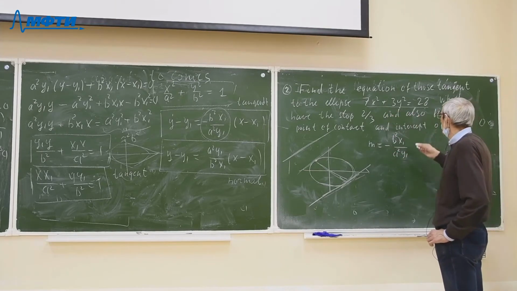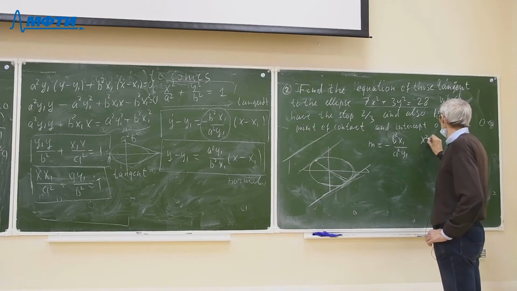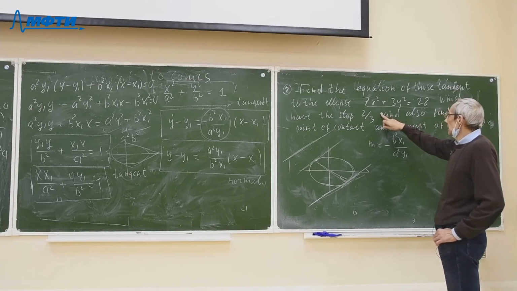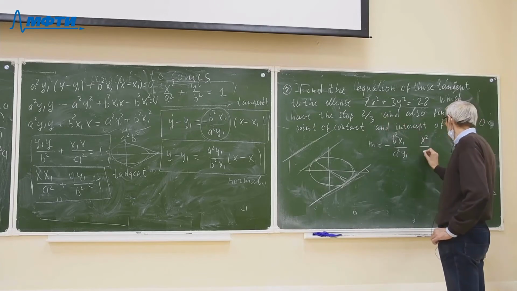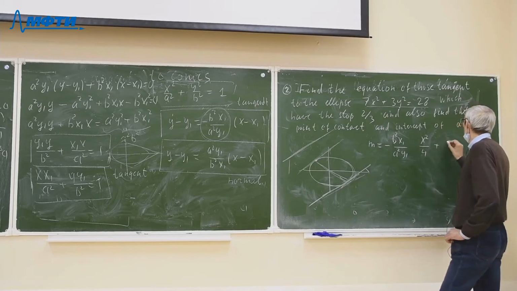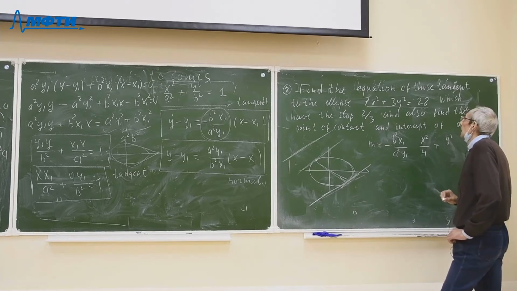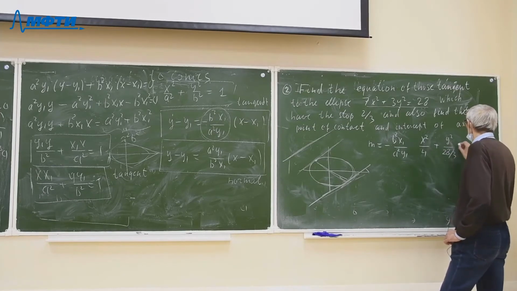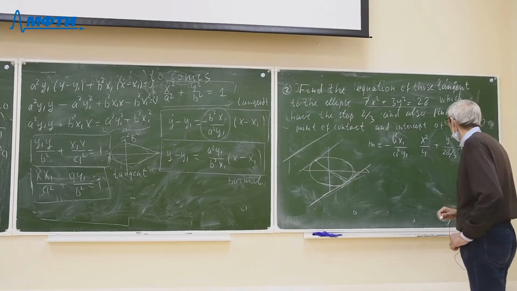We can rewrite this equation in the following form: x squared divided by the ratio 28 and 7 is equal to 7, plus y squared divided by 28 divided by 3 is equal to 1.